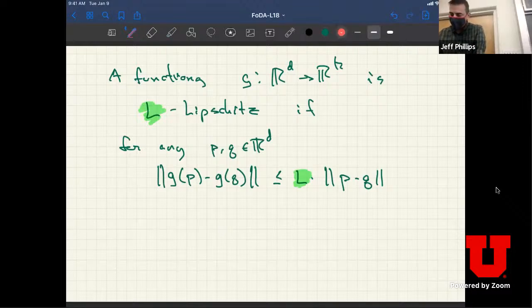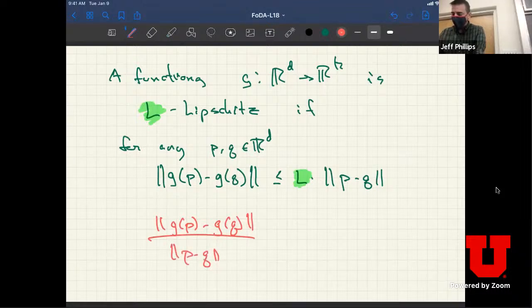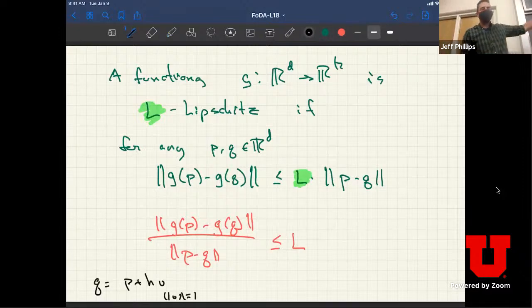It might be useful to rewrite this as g(P) minus g(Q), divided by P minus Q, is less than or equal to L. You can think of Q equal to P plus some h times u, where u is a unit vector, and then this goes back to the definition of the directional derivative.